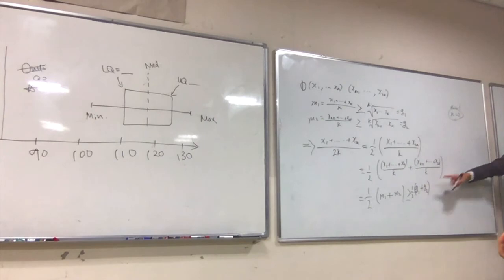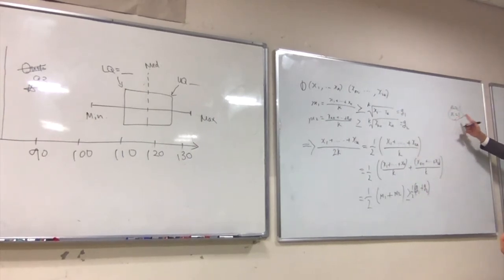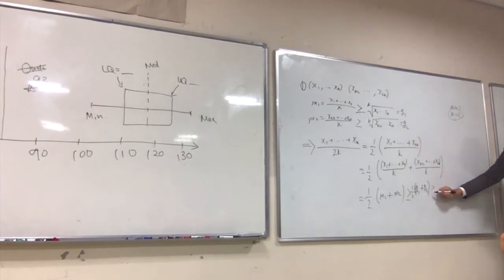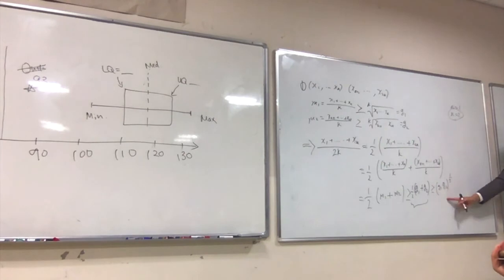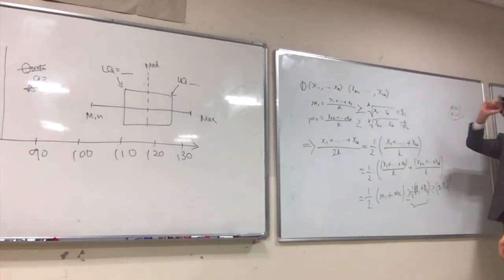And then if we use the AMGM inequality on these two numbers, because as I just said, our base case was n equals 2, this would be just equal to this, because this equals the arithmetic mean of the 2, and this is the geometry mean of the 2. And then if you multiply these two together and then take the root of it, that will just equal the geometry mean of all of those 2k numbers.